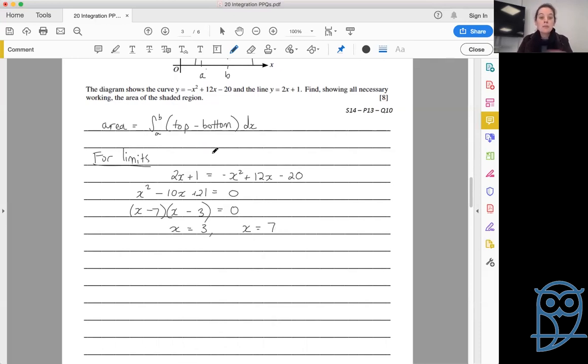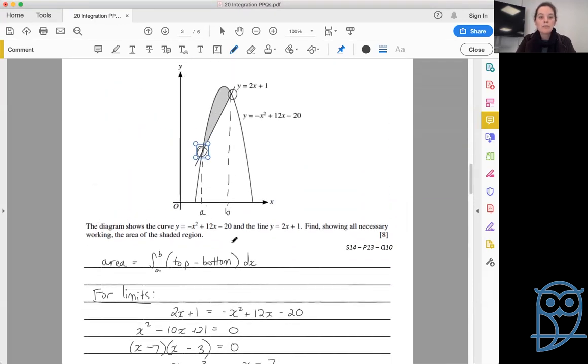The next thing we need before we can calculate our area is this top minus bottom. So we're going to call that a combined function. So top minus bottom.